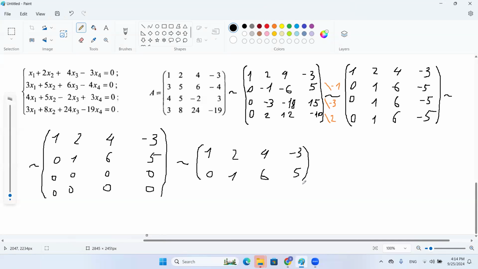By the way, the question: does this system have non-trivial solutions, and why? Why it does or why it doesn't? Who can answer? I see that someone disconnected. Okay, who will answer? Alexandra, can you answer this question?